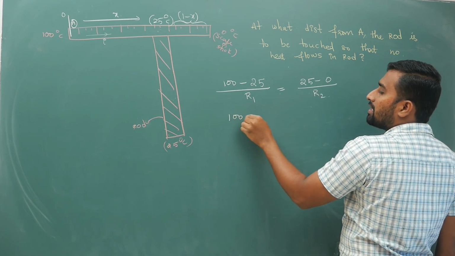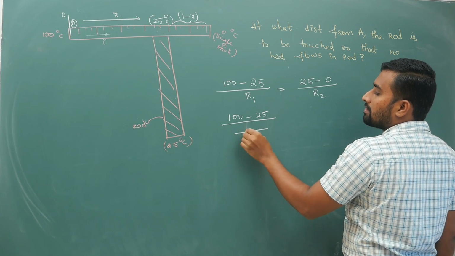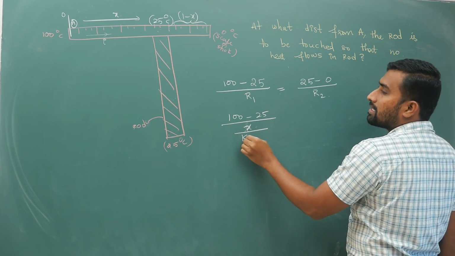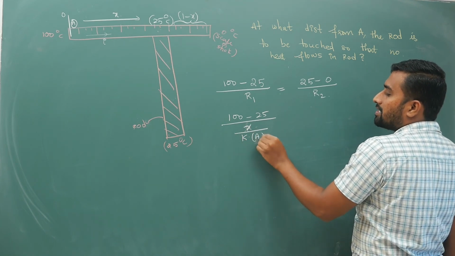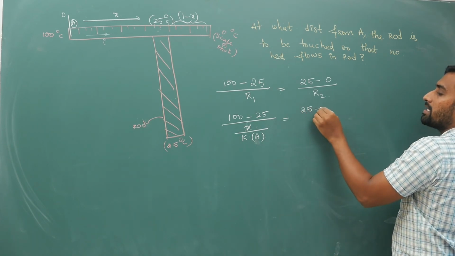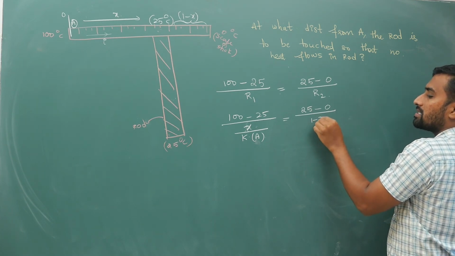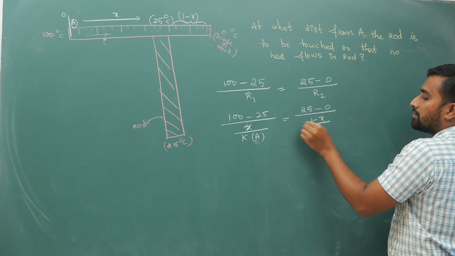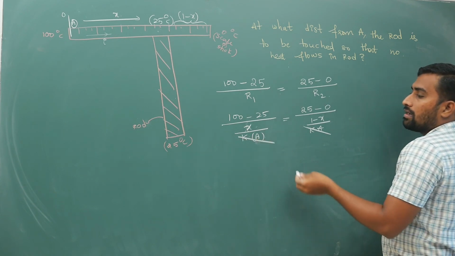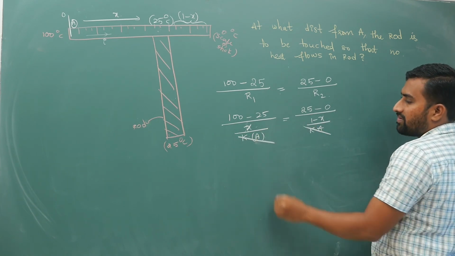So 100 minus 25 by R1, if it is the left part's resistance, equals 25 minus 0 by R2 for the right part. So (100 minus 25) by x over KA is equal to (25 minus 0) by (1 minus x) over KA. The 25 ones, 25 threes, because this part is 75.